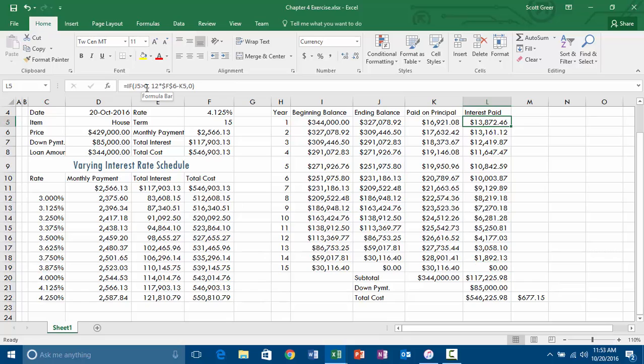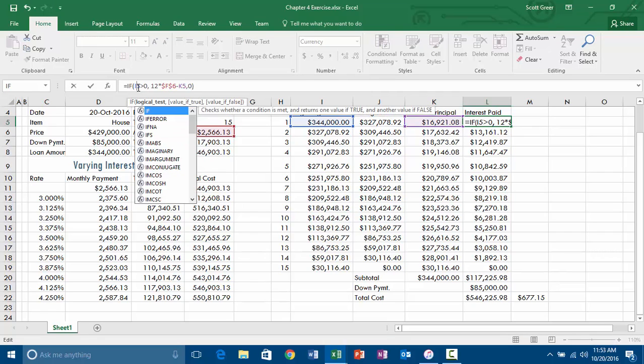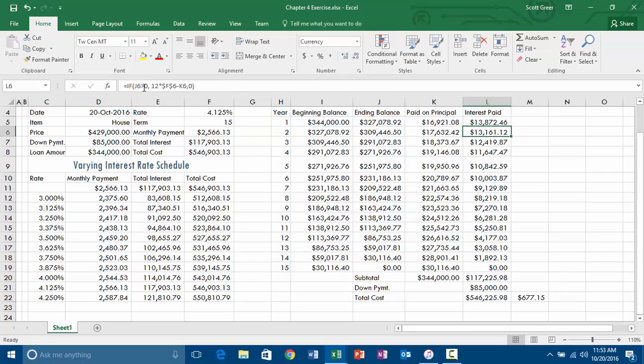So it's if I, oh, you're right. Okay. So I messed up on my interest paid, just so everybody knows. Thank you for finding that, Mark. It's I, if I5, not J5. And then I'm going to drag that one down. And see how this went to 0? So we know. But that's really good information to know, that we can always create a check reference to make sure that numbers match. Okay, I'm going to go ahead and hit save.